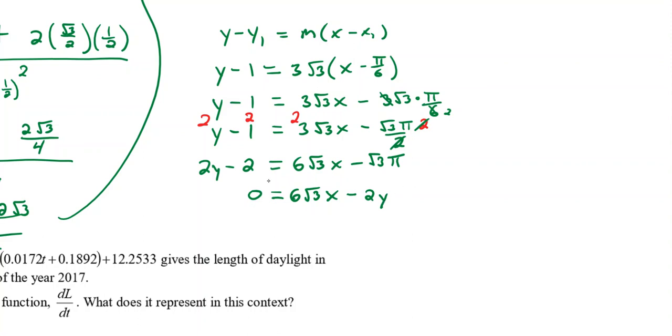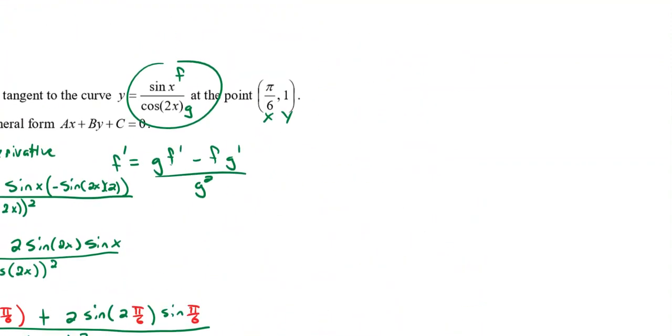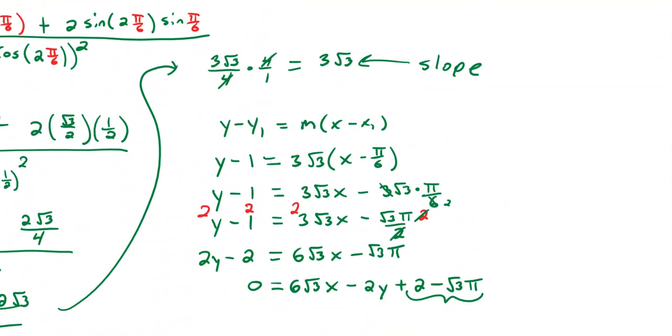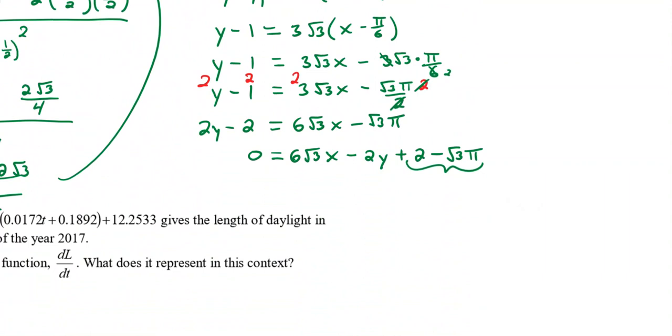And then the last part you might not know what to do with here. You just have to leave it the way it is. It would be positive 2 and then minus root 3 times pi. This is like my c value. The two of those together would be your c. Right? That's just the most accurate way to leave it.